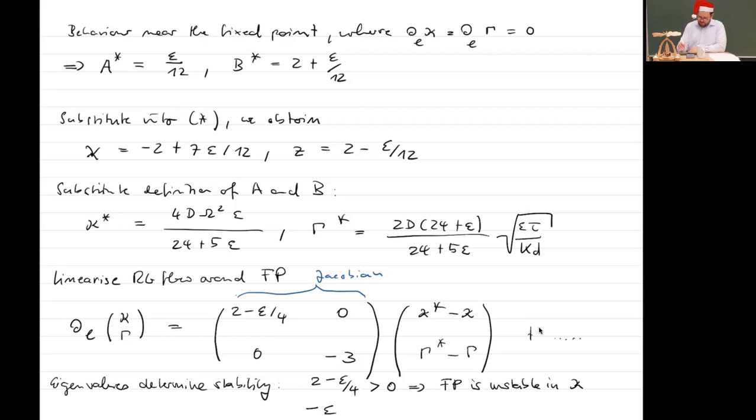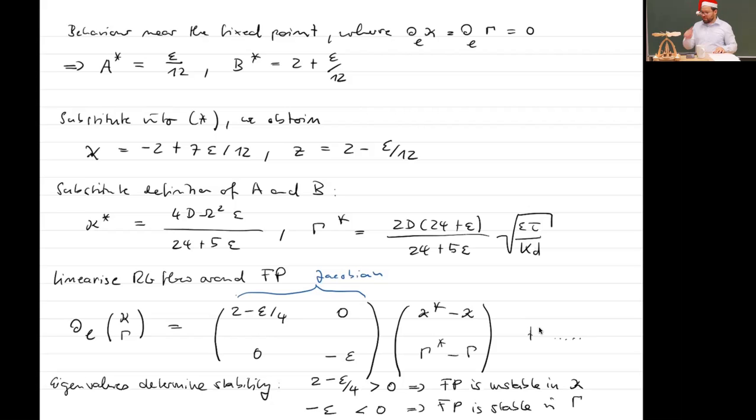Minus epsilon, I'm sorry, that's not a real epsilon here. Minus epsilon is smaller than 0. That means the fixed point is stable in the gamma direction.